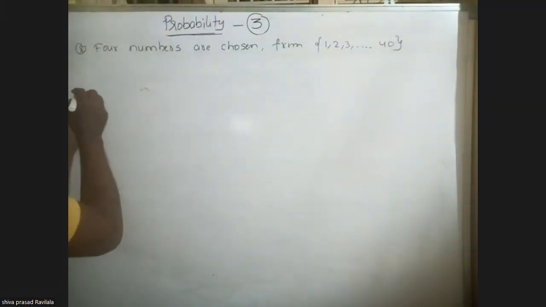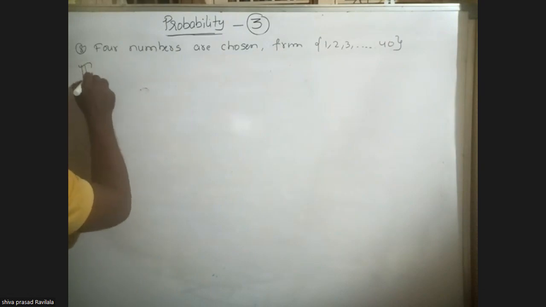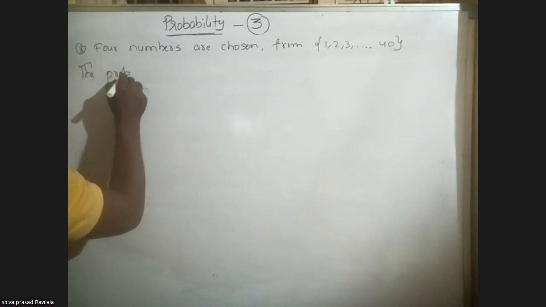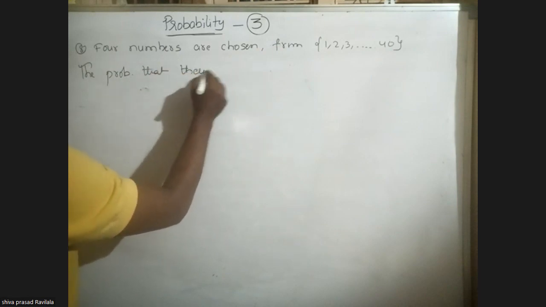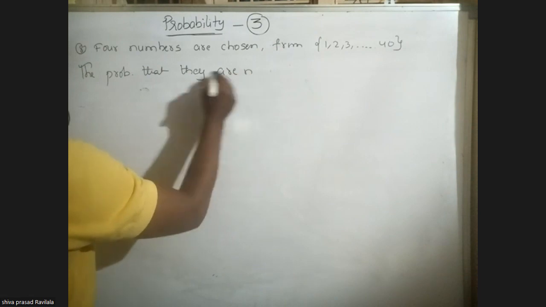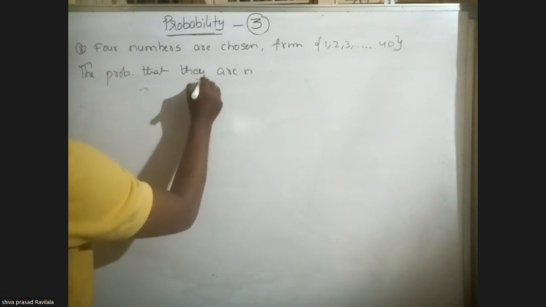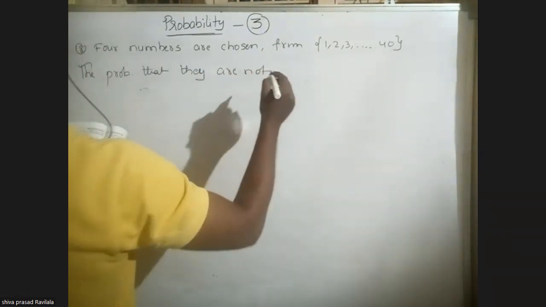The probability that they are not consecutive.